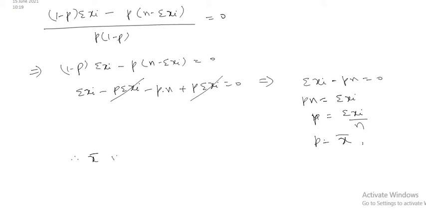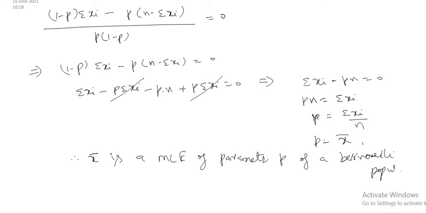Therefore x bar is the MLE, maximum likelihood estimator, of the parameter p of a Bernoulli population.